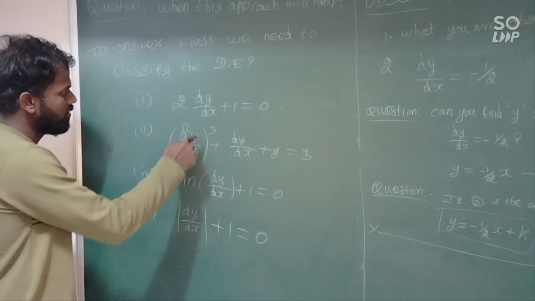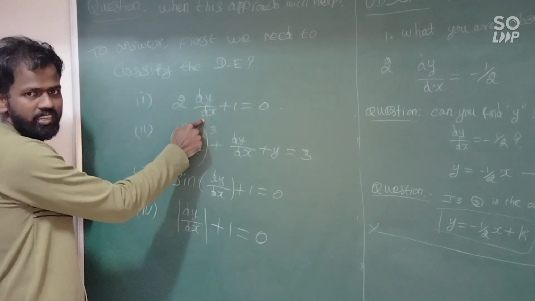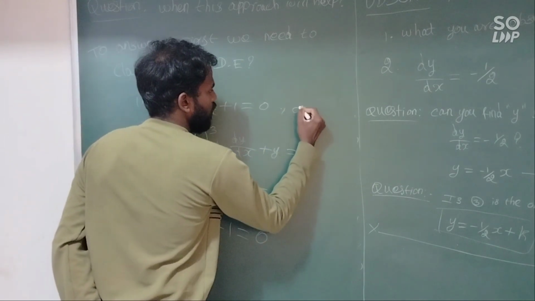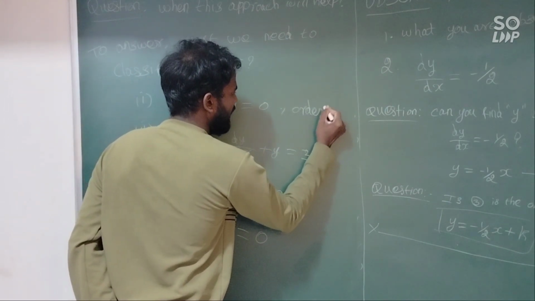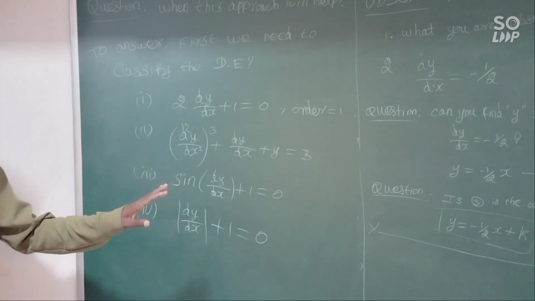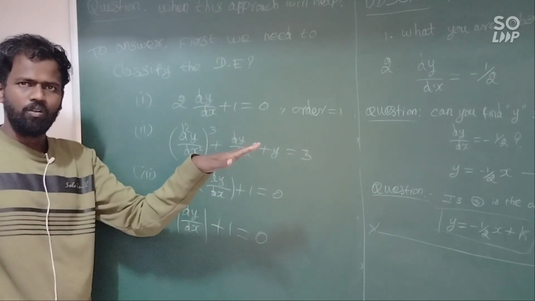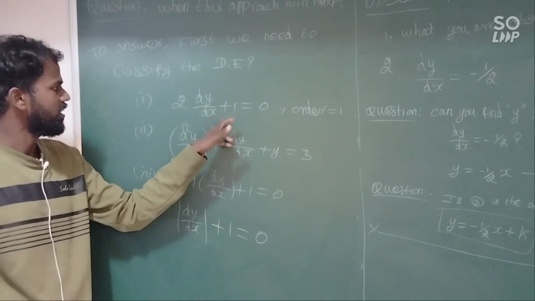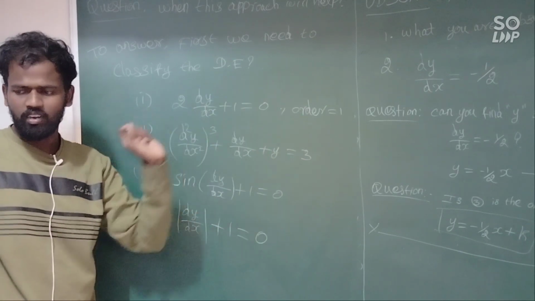So here only one derivative, dy by dx, is used, so the order of the derivative is 1. So this is one classification.